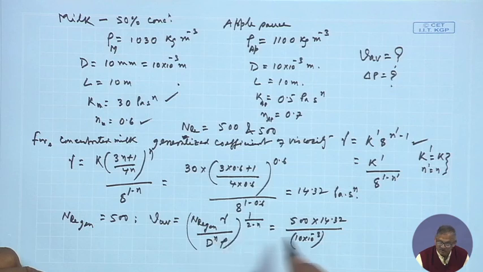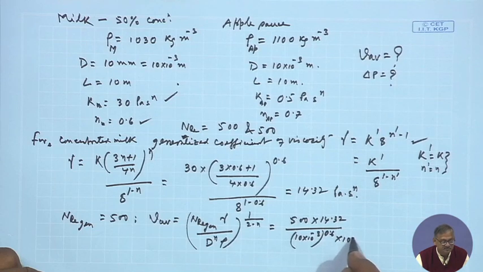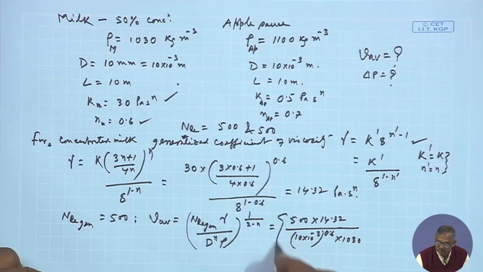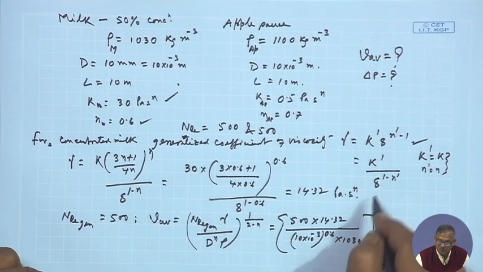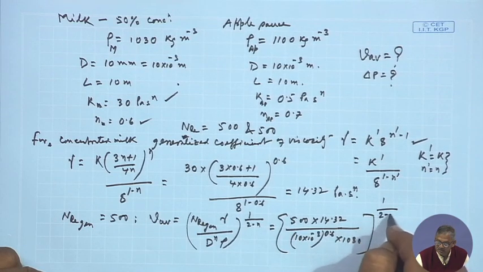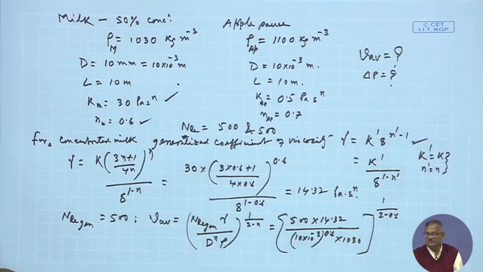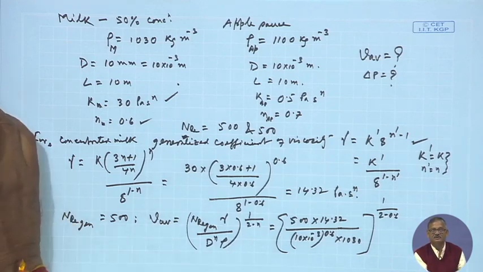N is given as 0.6 and rho given is 1030, right. So, this whole to the power 1 by 2 minus 0.6, right. So, let us also find out how much it is, right.